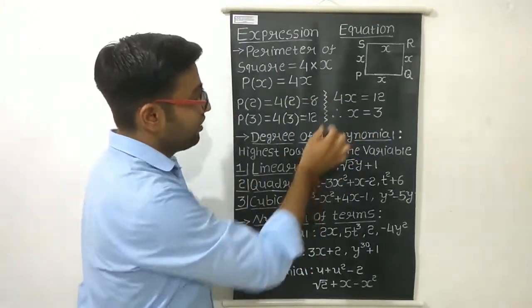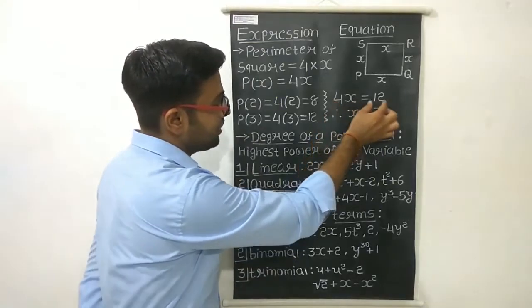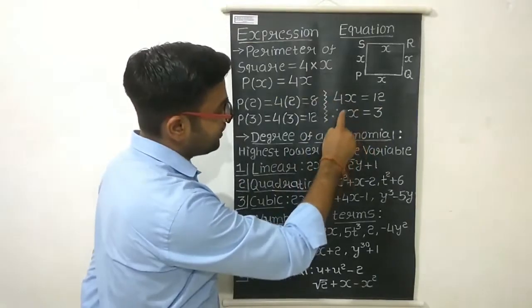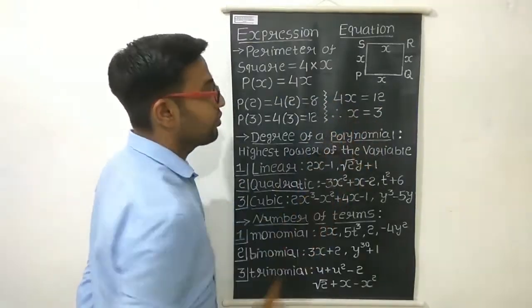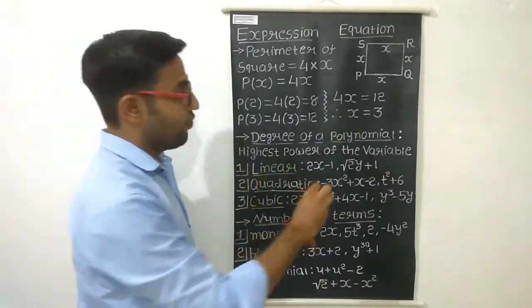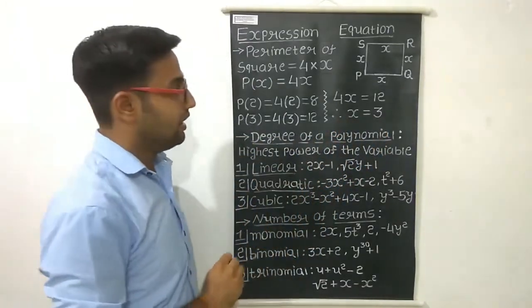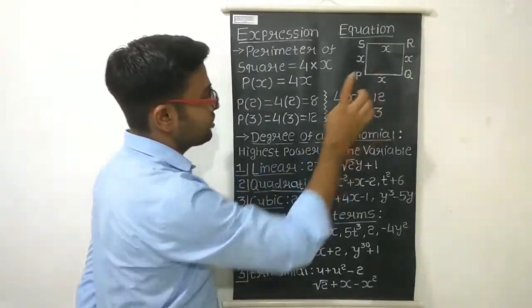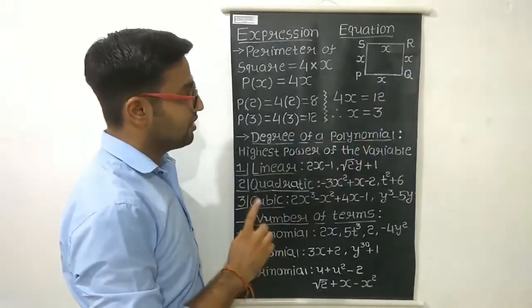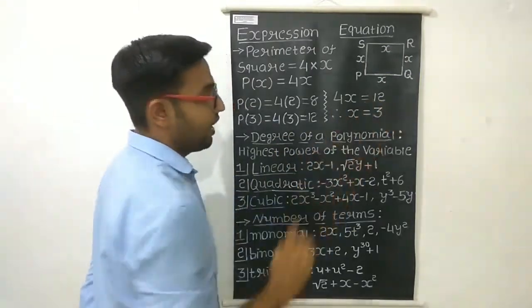What we do here is fix this 4x value with some number, that is 12. So we find the value of x is equal to 3. So the value of x is fixed here, and it is 3, right? So this is a square of side 3. Each side is 3 units, and its perimeter is 12.